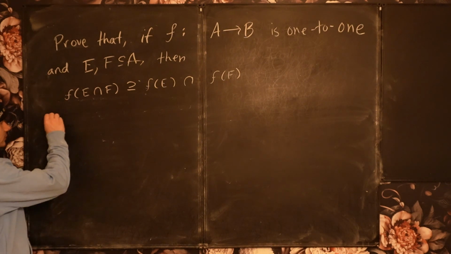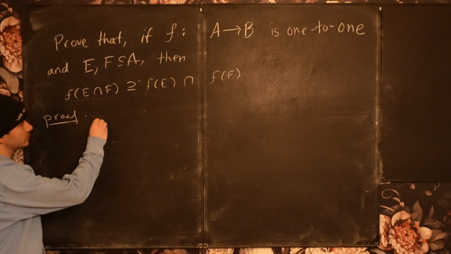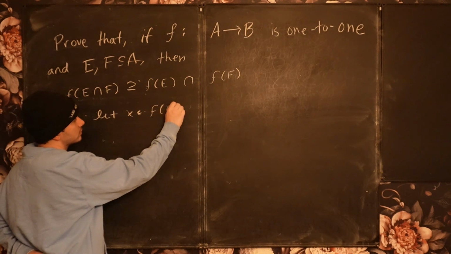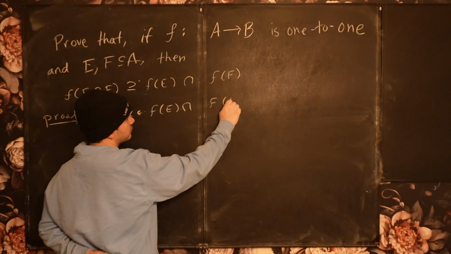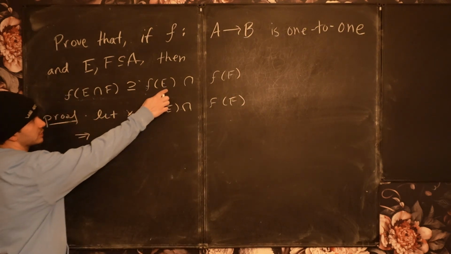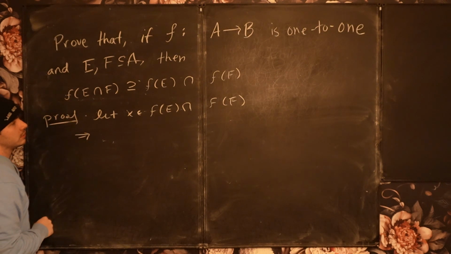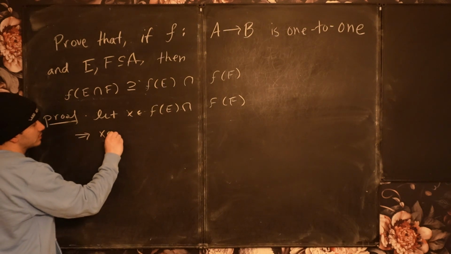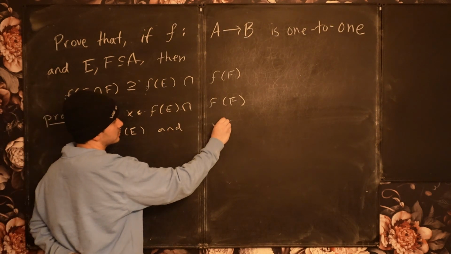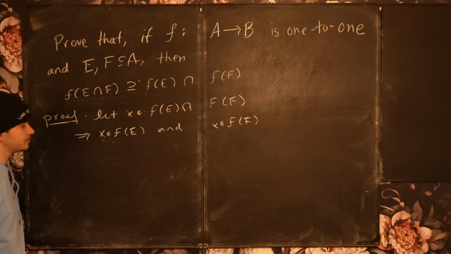For the proof of this direction, we're going to let x belong to f of E intersect f of F, and I'm going to try to show that x belongs to the set on the left here. That would conclude the proof. So this means that x belongs to f of E and x belongs to f of F. This is the definition of the intersection.